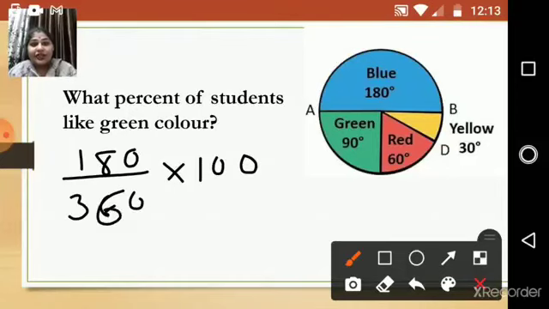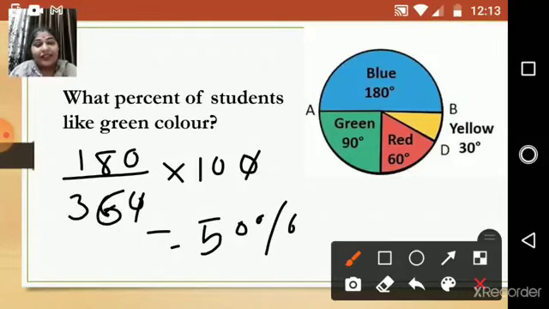The 0, 0 gets cancelled and you will get 50% when you solve it further. These types of questions can come in the exam. Drawing the pie chart will definitely not come.